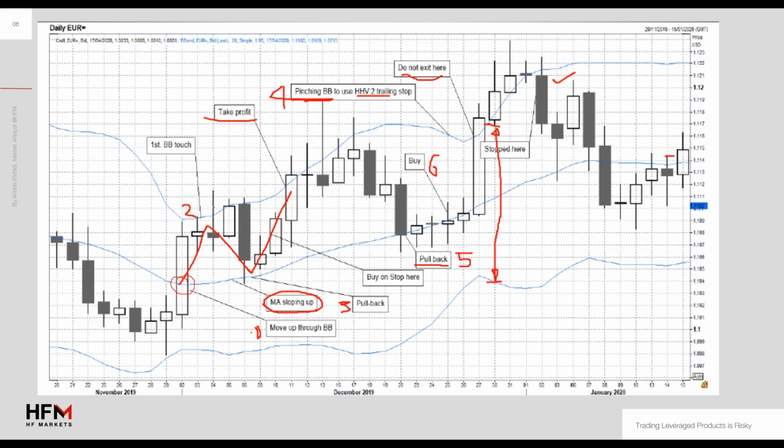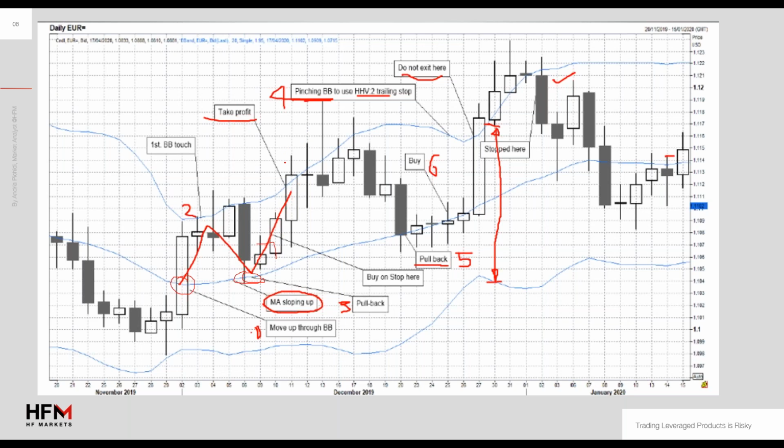Every time it touches the Bollinger Band line, if it has touched the upper Bollinger, it means that eventually it will return back to the middle line again. If it fails to break below the 20-day moving average, then as soon as it finds support, it could rebound, as happened here, and retest the upper Bollinger.